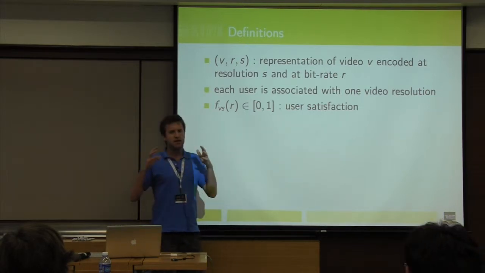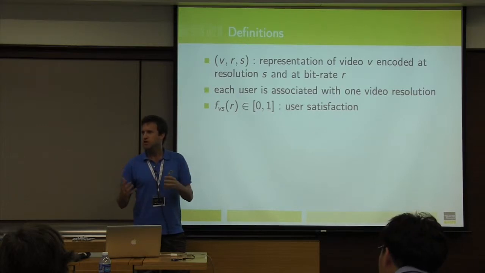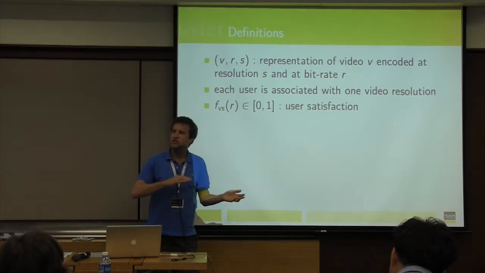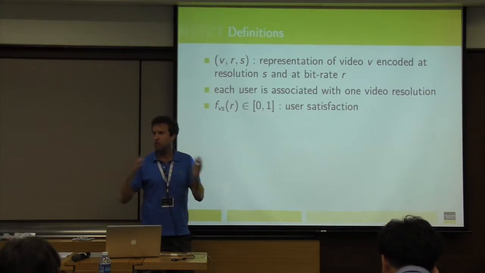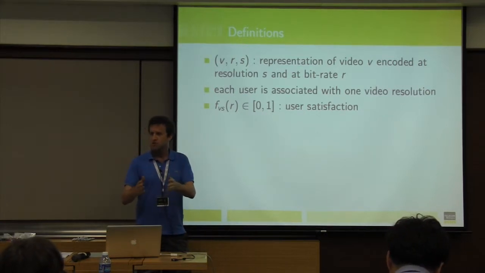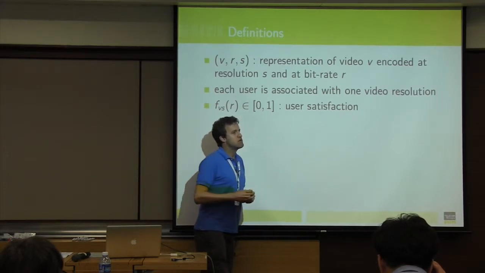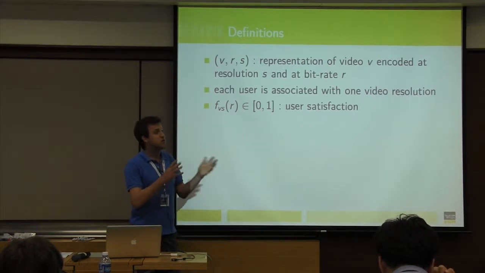It means that if you start watching your movie at 720p, you will stick to 720p and you will never change resolution. You will change bitrate, of course, if there are several representations at that resolution, but we don't change resolution.